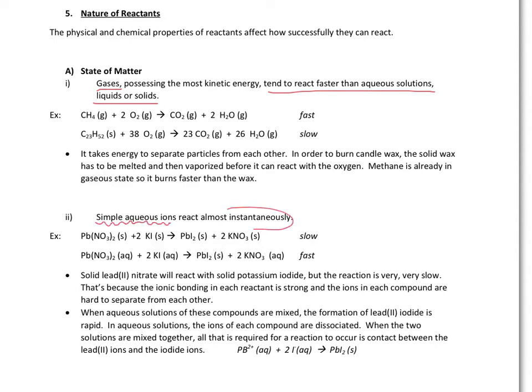They react instantaneously. So for example, if we were to look at these two reactions, you'll notice that the combustion of methane will go a lot faster, seeing as methane is in gas form and C23H52 is in solid form. Since CH4 is in gas form, it will go a lot faster.